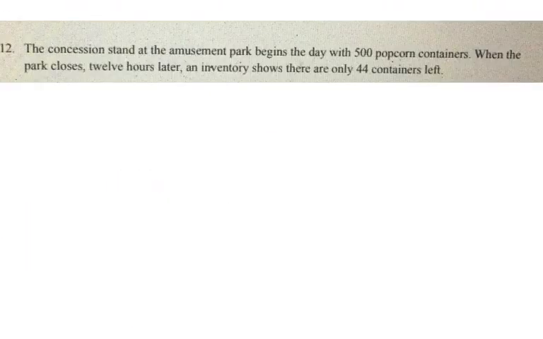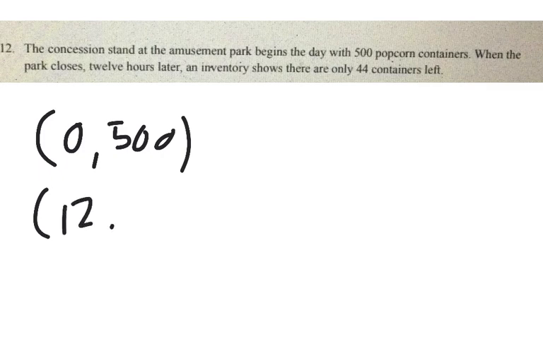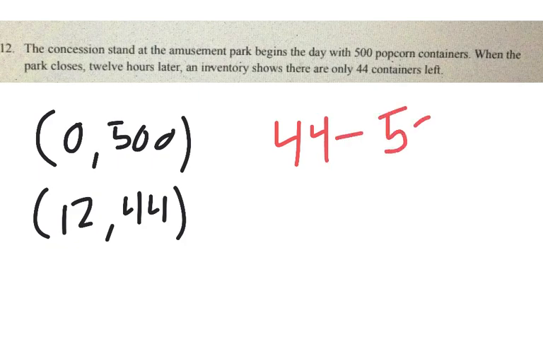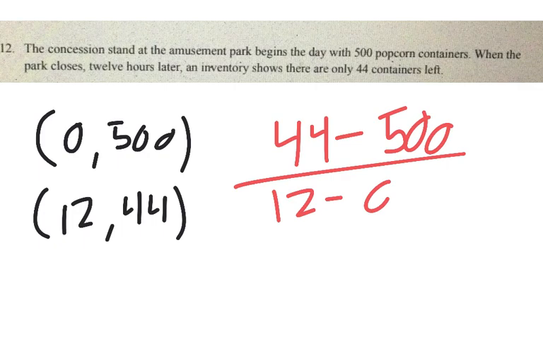So hopefully now that you've seen 11, you can do 12. Pause the video, see if you can do 12. Like I said, it's very similar to 11. At time 0, there were 500 containers, and then 12 hours later, there are 44 containers. So final minus original, or y2 minus y1 over x2 minus x1.